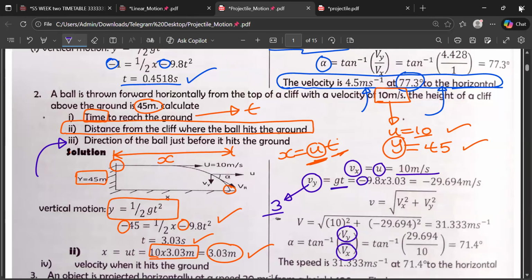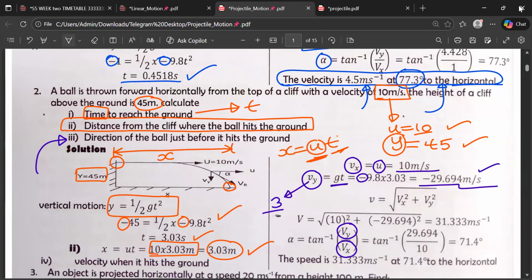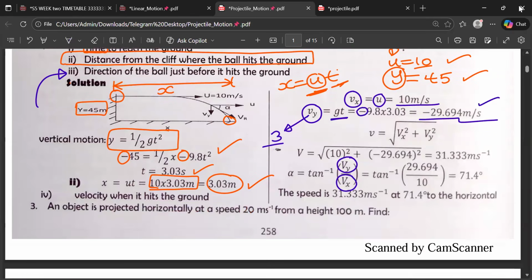So they chose their downward to be a negative, but you can take yours to be a positive. You see this? They get the Vy now. So when you have Vy and Vx, you just get the direction. You didn't even have to get the magnitude. They only wanted the direction. So you could just say the speed is at that angle to the horizontal. So the magnitude was just to accompany it.